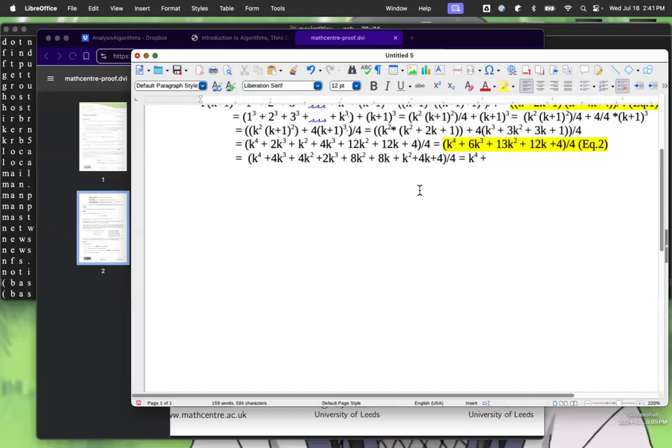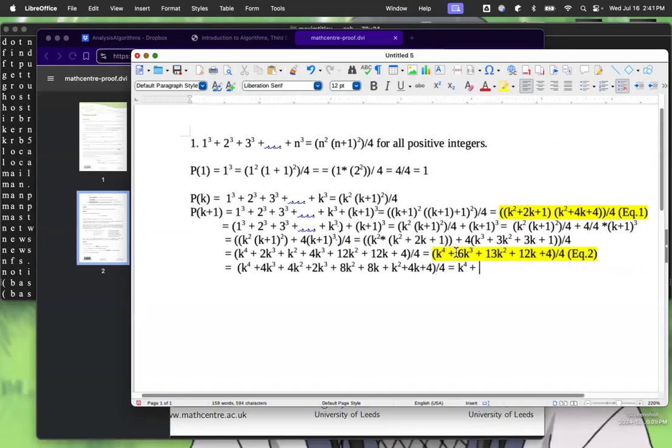So this is going to give me 6k cubed, looking like this guy up here. Okay, plus, next part we have the squares. So 4k squared, 8k squared, and k squared. That's going to give me 13k squared.